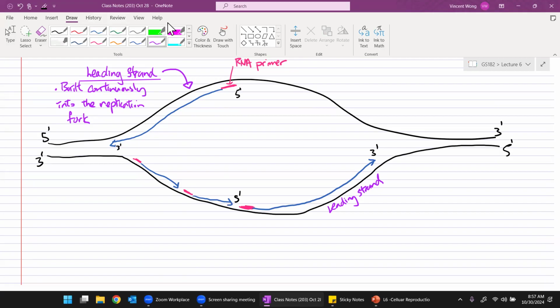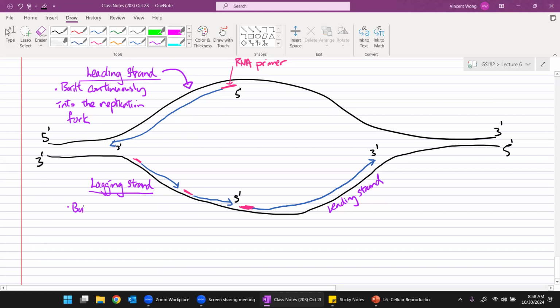To contrast the top half with the bottom half, the top is the leading strand because it's being built continuously, but the bottom is being built in fragments, right? That is called the lagging strand because it's a bit slower to do it in fragments.